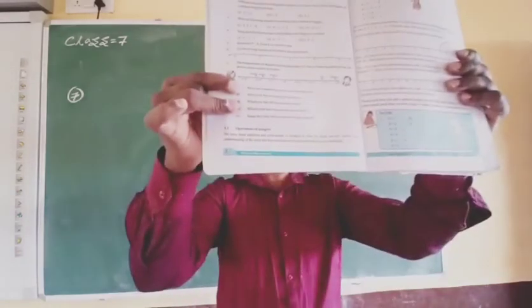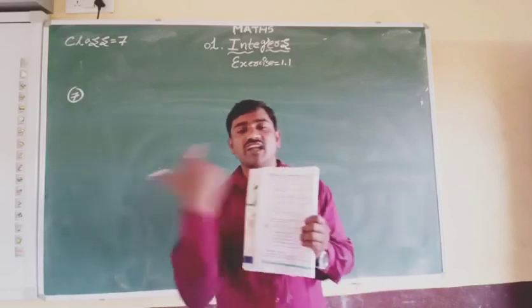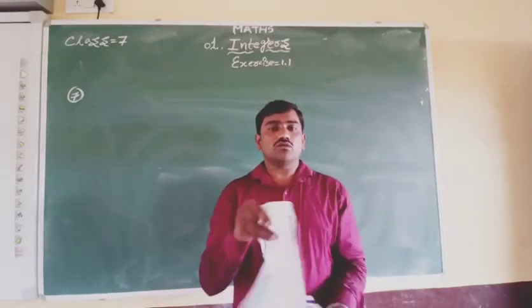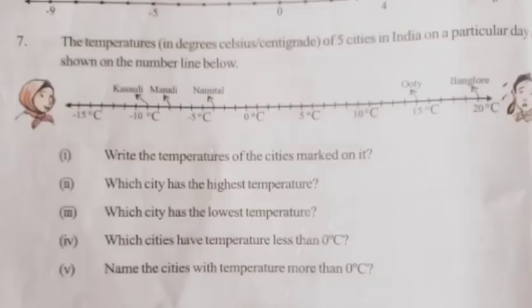So here the seventh question is this. You can see here. If you are unable to see this question, the question will be displayed on the screen. The temperatures in degrees Celsius or centigrade of 5 cities in India on a particular day are shown on the number line below.